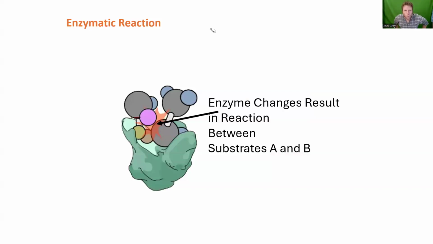Now, whenever both substrates are bound, the enzyme is going to cause those substrates to come in close enough proximity to one another, and you're going to see a catalytic mechanism, much like the mechanisms you saw in organic chemistry, where you're pushing electrons around. In this case, it's the amino acid side chains that are the agents of moving those electrons around, there to establish a bond or to break a bond.